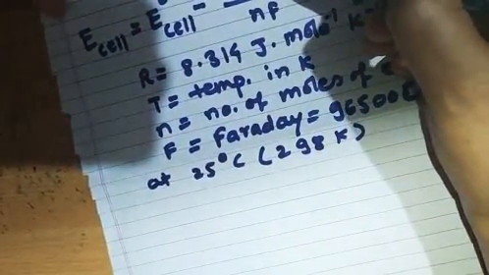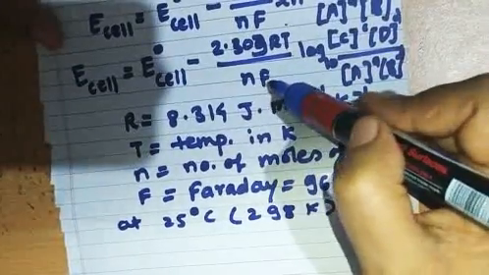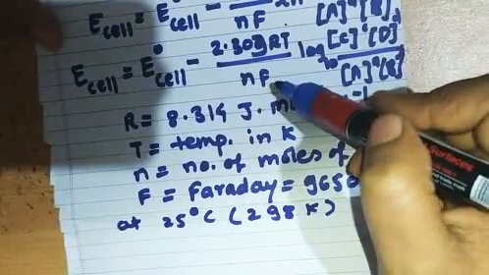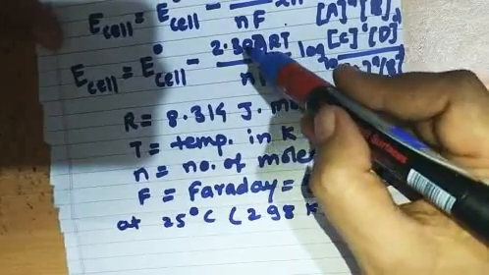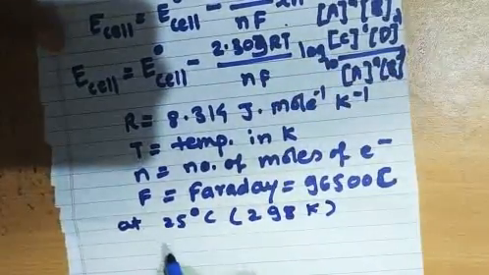R is 8.314, T is 298 Kelvin, F is 96500, and we also have the 2.303. All these values are put in the above equation.